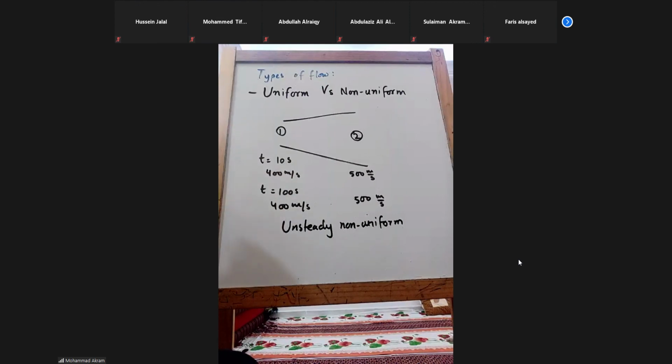I change the parameters. Steady and non-uniform. So this is steady and non-uniform. Is this clear? Yes, doctor.